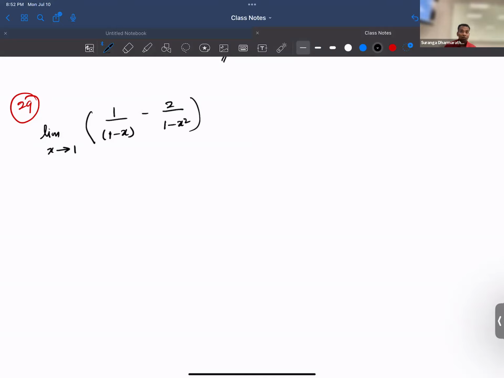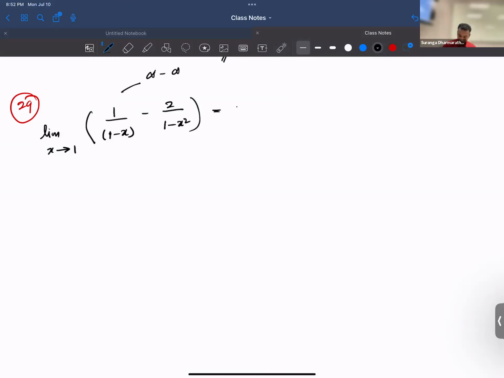The first part? Infinity, yes. And the second part? It goes to infinity too, right? So it's an infinity minus infinity case, right? So what do we do?